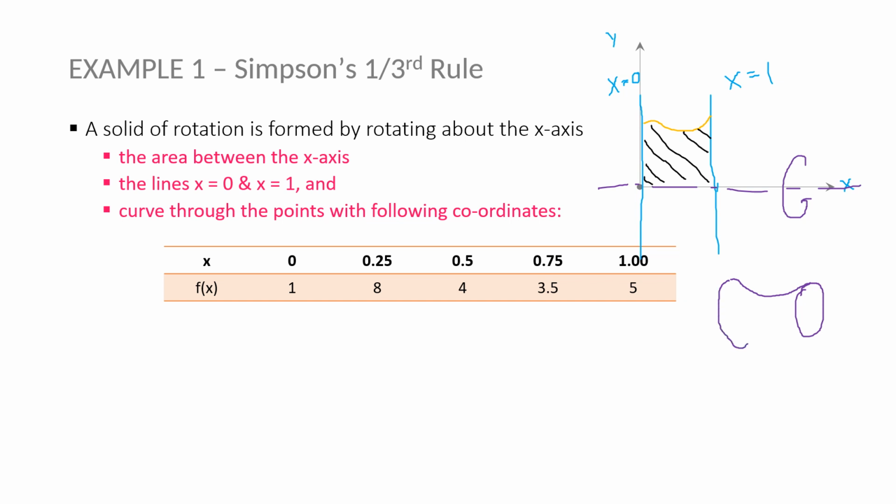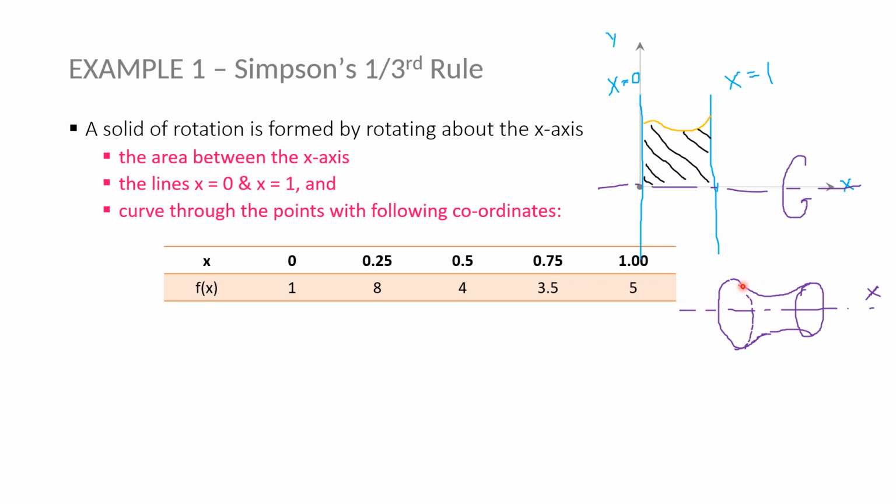So we get a solid, and mind this is the axis of rotation, so that is the x-axis. So this is a solid which is obtained by rotating that area around the x-axis, and we want to find out the volume of this solid using Simpson's one-third rule.